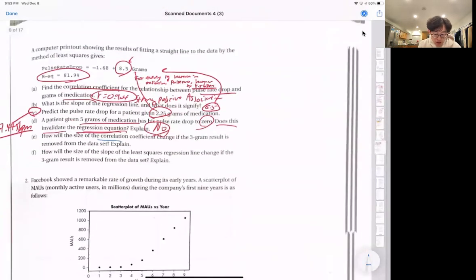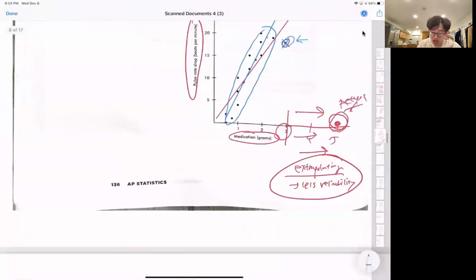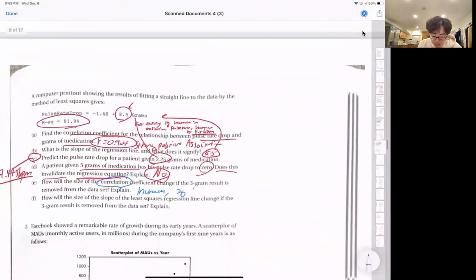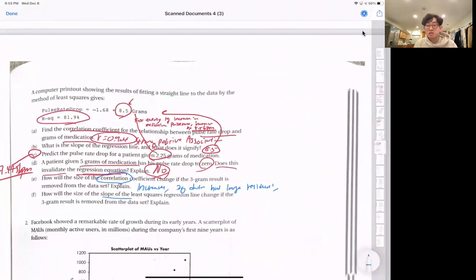So if I'm going to talk about the correlation, it increases because the dot at the 3 gram data had a large residual. So therefore it had a strong impact on the correlation coefficient, and also on the slope, although the slope actually doesn't get impacted a lot. But basically what you want to say is the 3 gram data had a large residual. So by removing it, it actually increases the correlation R overall.